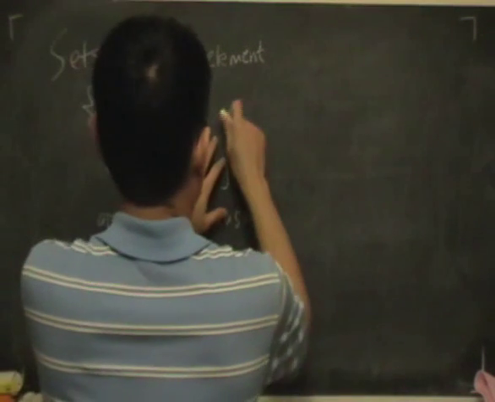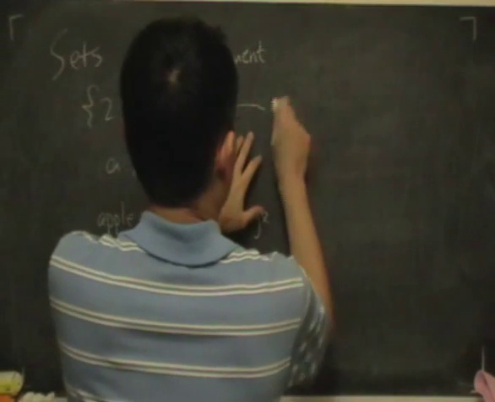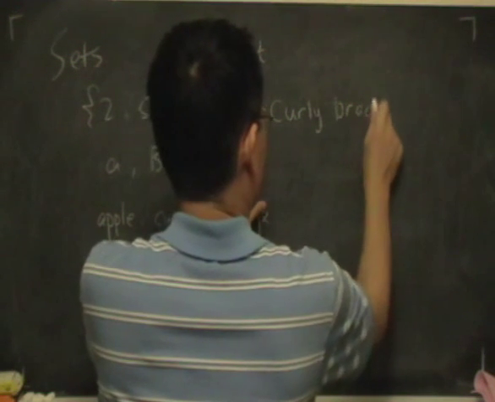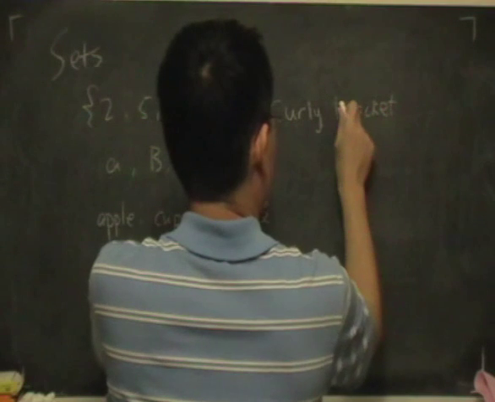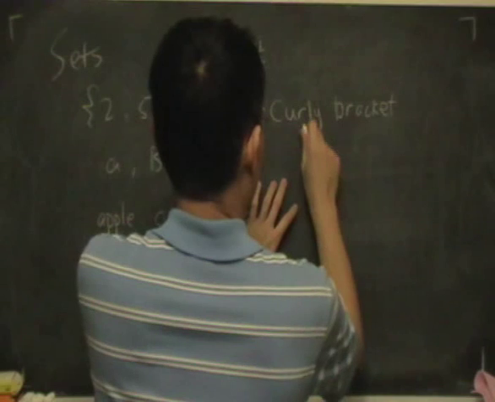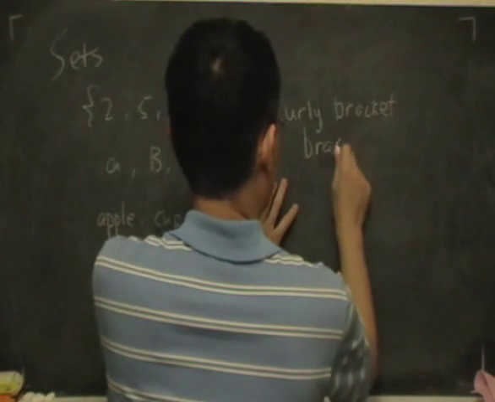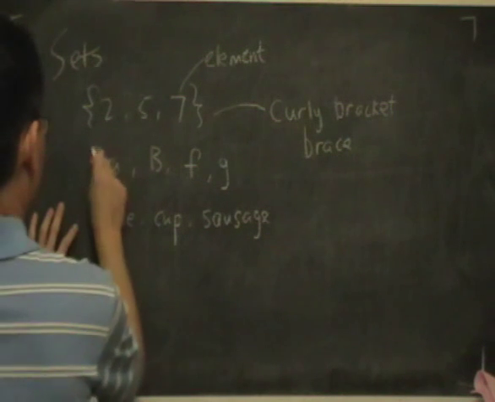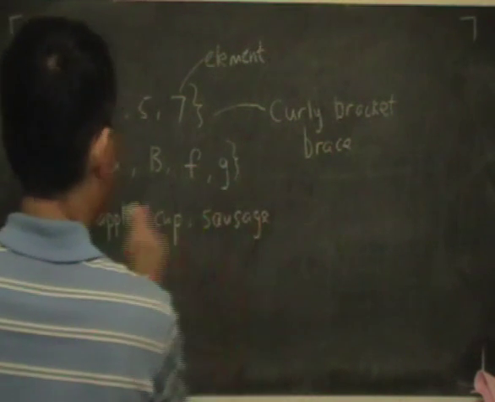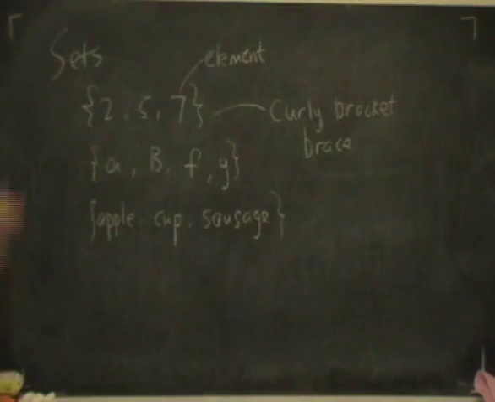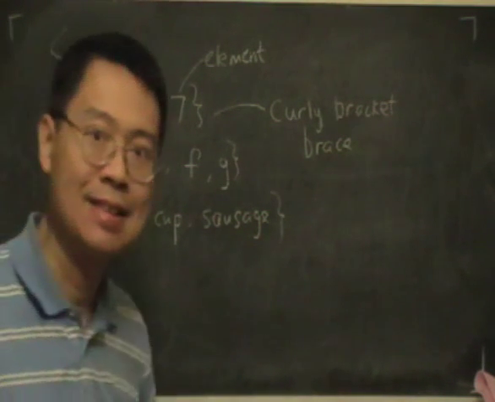So let me write down these words. It's either called a curly bracket, or you can call it a brace. Written like that. So there we have 3 sets.